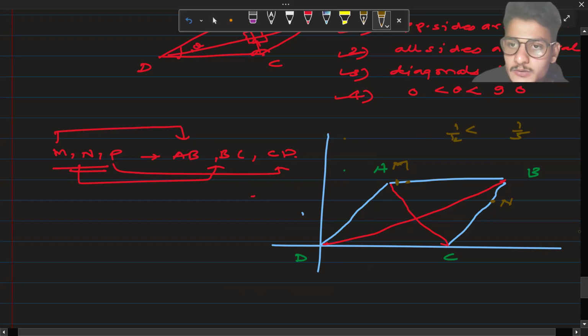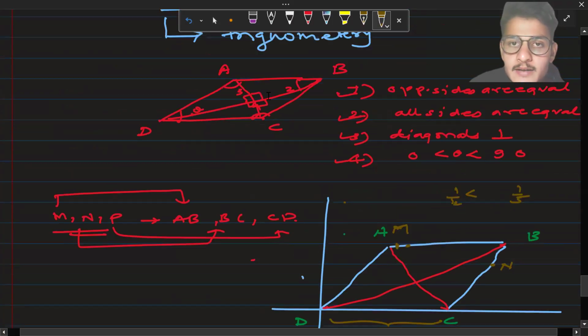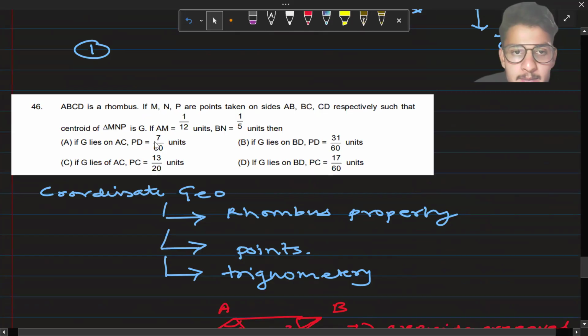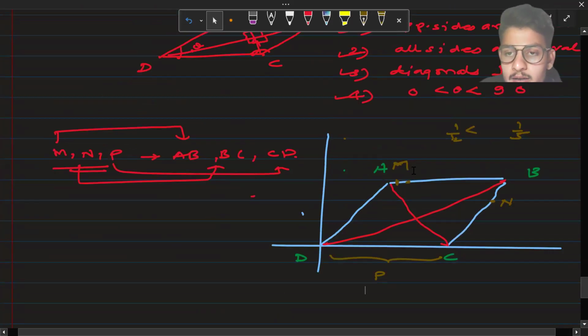Now you need to find the position of P. You will see in the question PD, PC. So how can you find the P position?